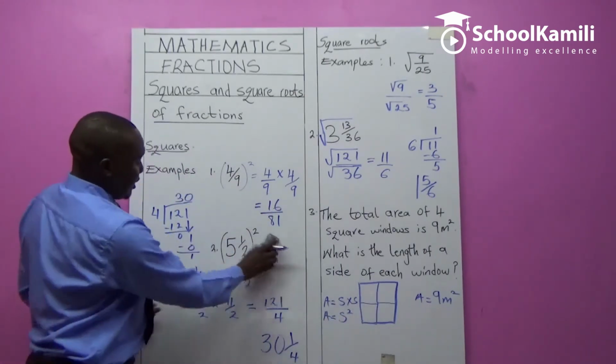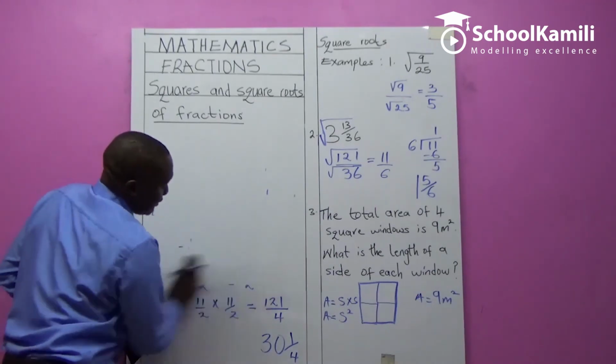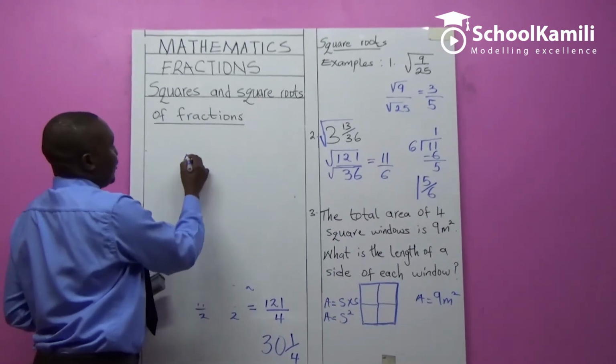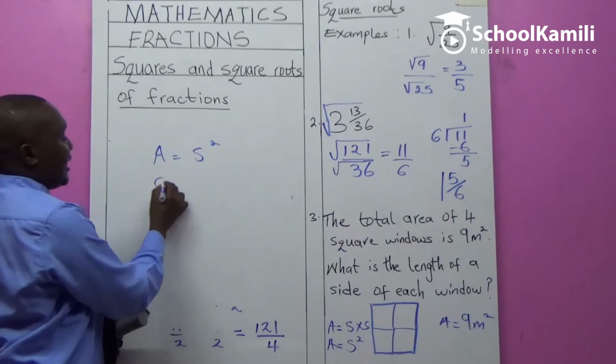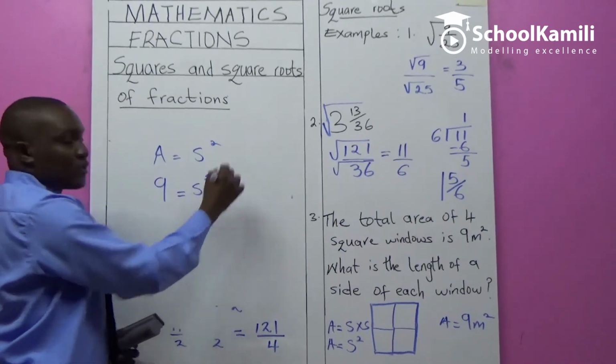Let me do the working here. If I take the area of a square, which is given by side squared, and I've been given the area as 9 meters square, it will be equivalent to the side squared.